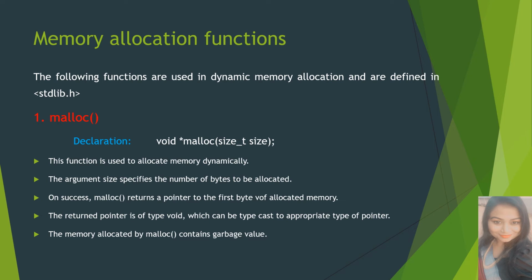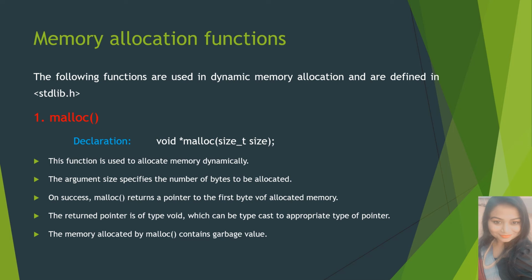So here is the declaration syntax: void pointer malloc within brackets size_t size. This function is used for allocating memory dynamically. Within malloc, the argument is size. The size specifies how many bytes are to be allocated.